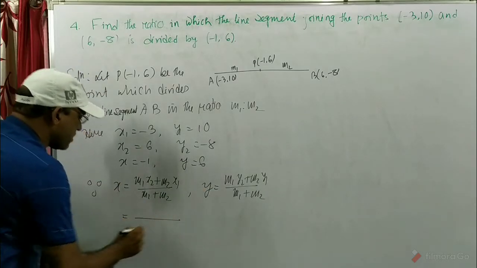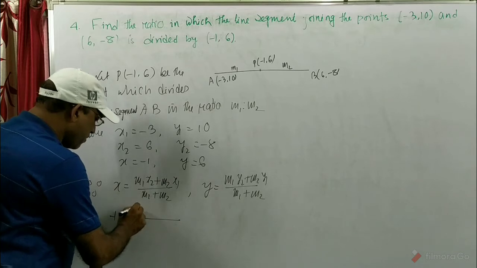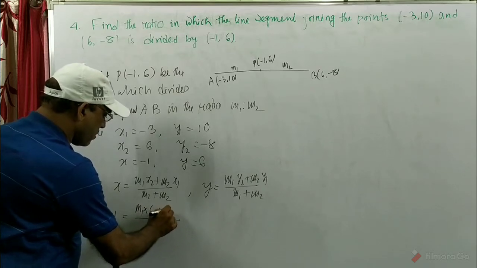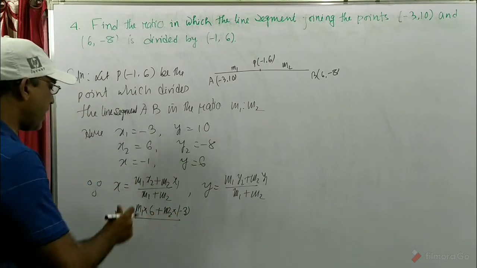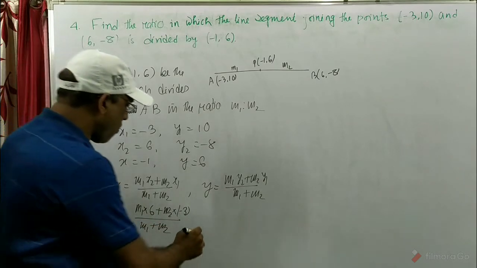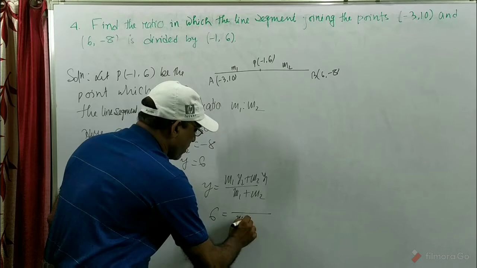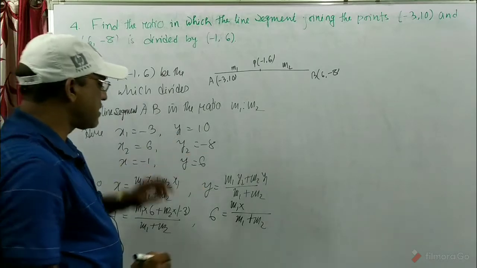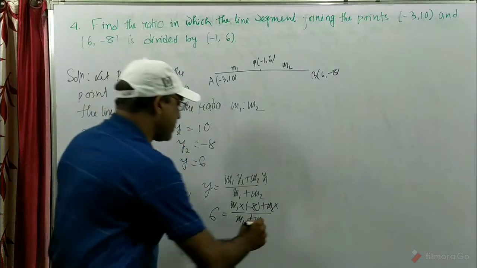We know this formula. This is called the section formula. Now putting the given values. What is the value of x? x is -1, and m1 we don't know. x2 is 6 plus m2, and x1 is -3, and we want to find m1 and m2. And y is 6, and m1 plus m2 remains the same in the denominator, and m1 into y2 is -8 plus m2 into y1 is 10.